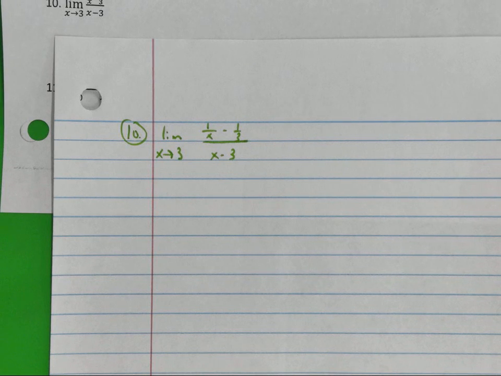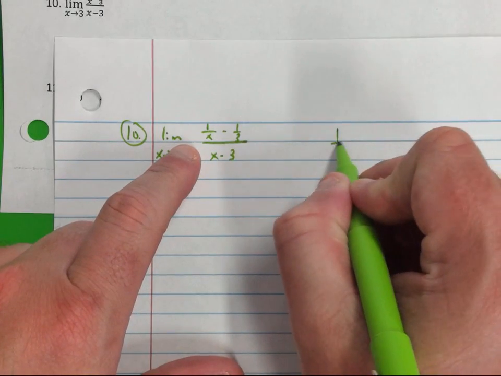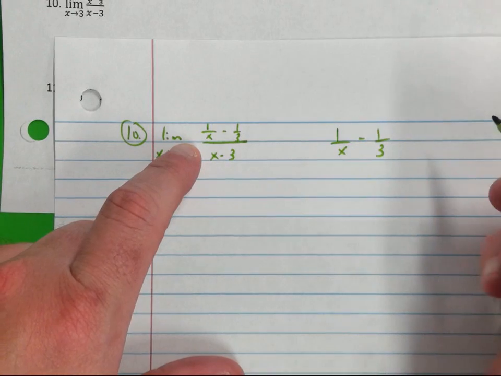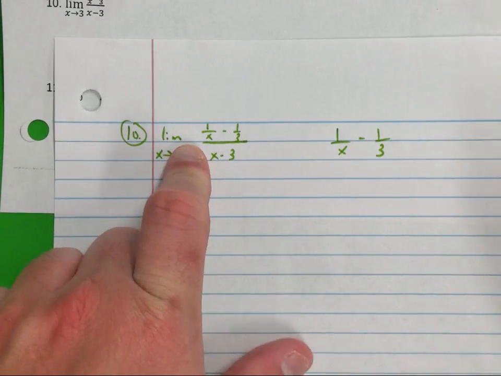Does not exist. We don't give up in the face of fear. Okay. What's in the numerator? We're subtracting what? So we need to find a common denominator. So let's go to the side and find a common denominator. We have 1 over x minus 1 over 3. What would be my common denominator there? 3x.